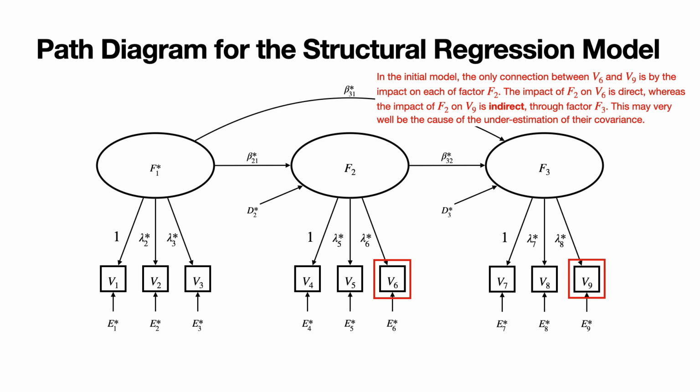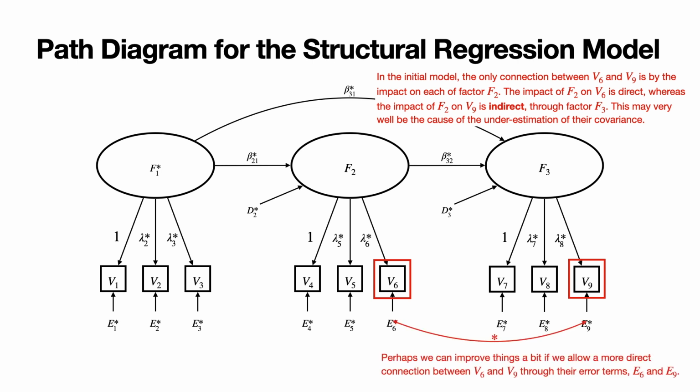This may very well be the cause of the underestimation of their covariance. Perhaps we can improve things a bit if we allow a more direct connection between V6 and V9 through their error terms E6 and E9. And so we've included a two-way arrow between E6 and E9, and it's got an asterisk on it, so we know it's a model parameter.